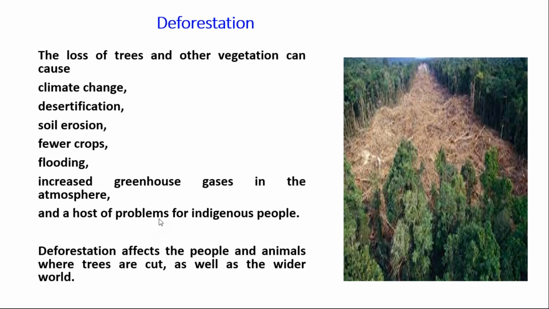So we know that plants or trees are nothing but a sink of carbon dioxide. Naturally, these trees or plants absorb carbon dioxide and give out oxygen. Oxygen is helpful for us, and indirectly carbon emission is going to decrease because of these plants or trees.